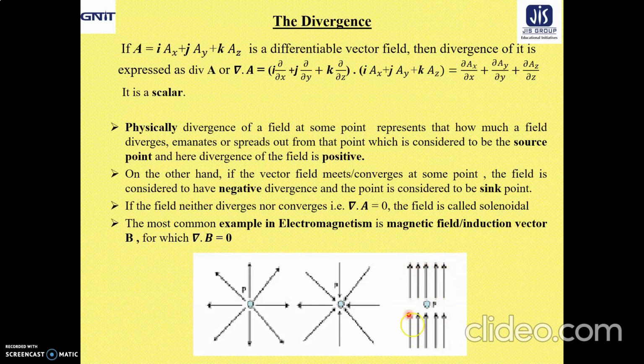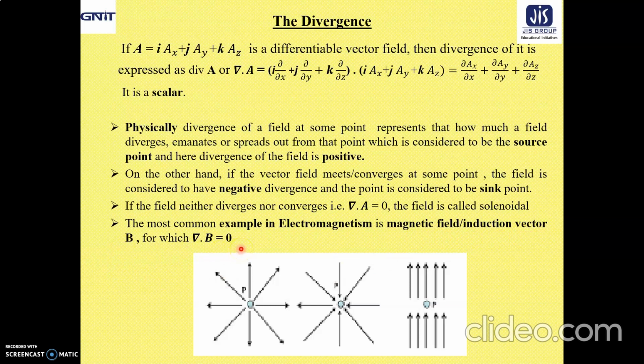Just take a look at the appearance of the field. It is solenoidal, just like a solenoid. The most common example of this type of solenoidal field is the vector in magnetostatics, that is the magnetic field or induction vector B, for which we get del dot B equal to 0.